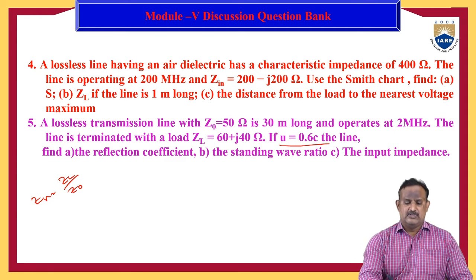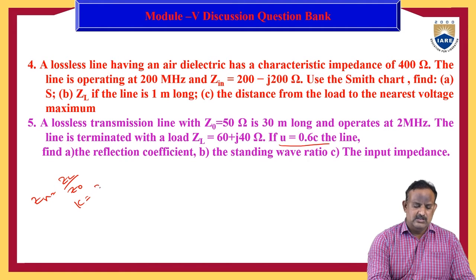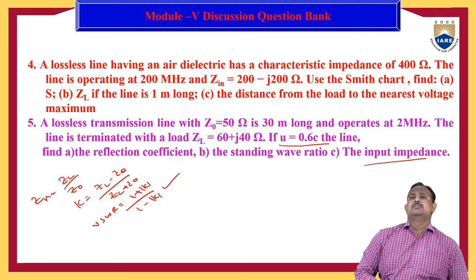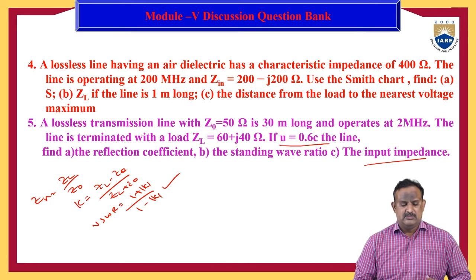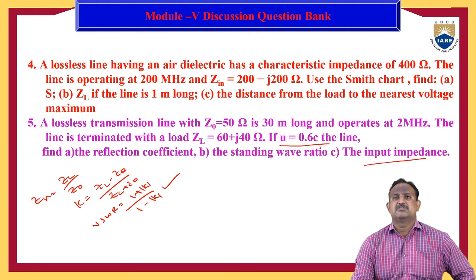First we find the reflection coefficient K equal to ZL minus Z0 by ZL plus Z0, and VSWR equal to 1 plus mod K by 1 minus mod K. Then we can find the input impedance of the given transmission line.